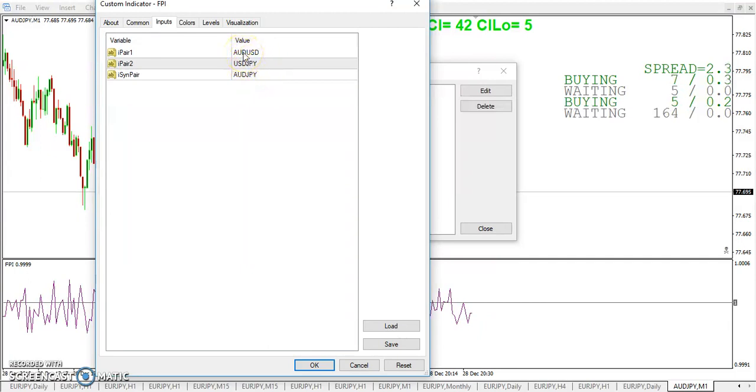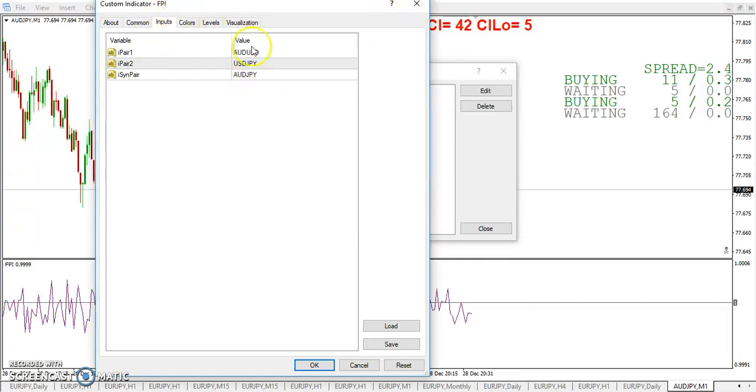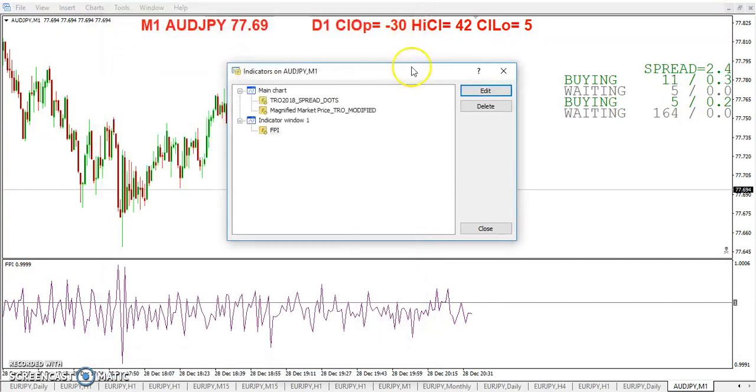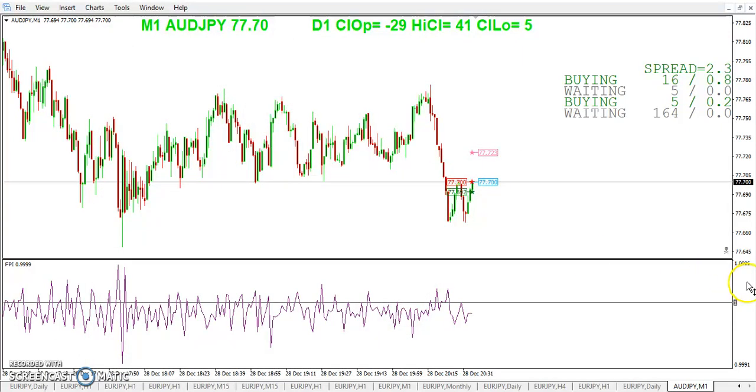So if you multiply the Australian dollar price by the USD yen price, you should get the Australian yen price. But FPI is the fractional product inefficiency. And so you can see here this midpoint one, how it's close, but sometimes it's inefficient.